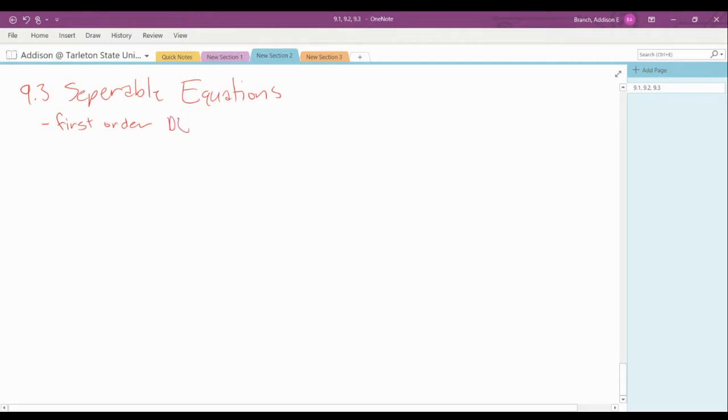So it's going to be a first order differential equation in which dy dx can be factored as a function of x times a function of y.